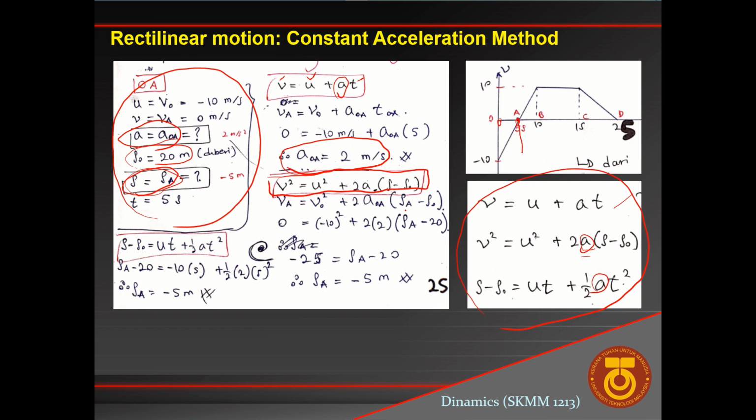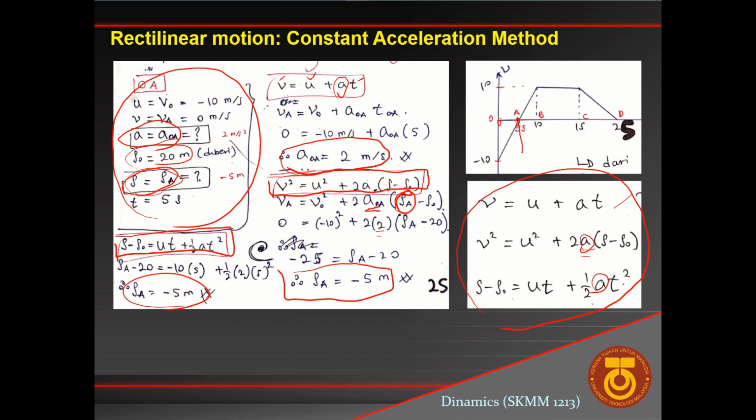So the only unknown here is s_A, because a is already calculated as 2. Put all the knowns in and we get s_A equal to -5 meters. Or you can use the last equation, the other one. You still get the same answer.